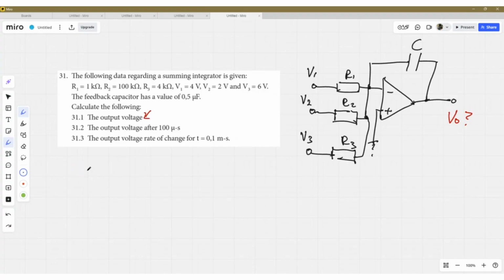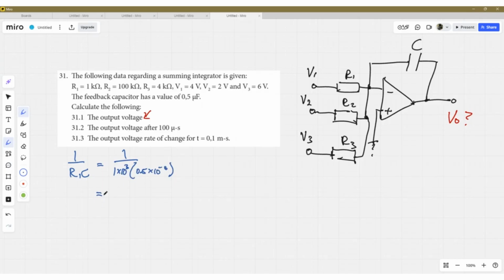and do everything separately. So 1 over R1 times C: R1 is 1 kilo ohm, so that's 1 times 10 to the 3, and C is 0.5 times 10 to the minus 6.